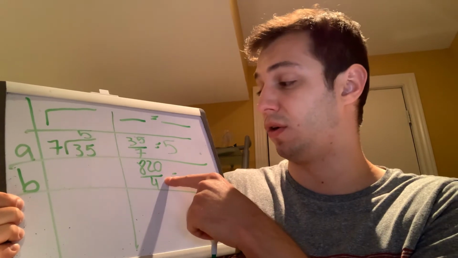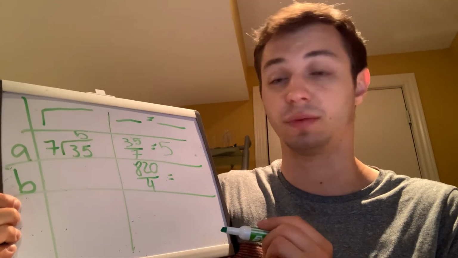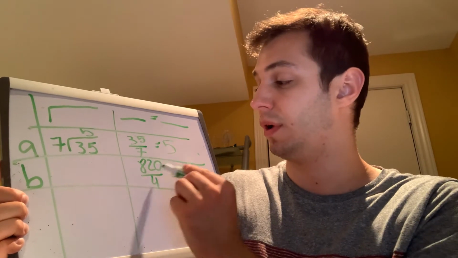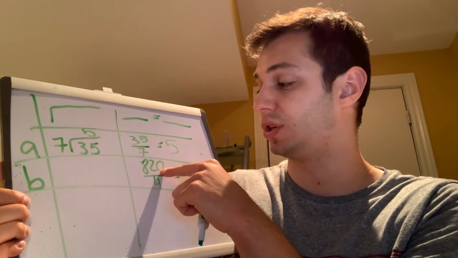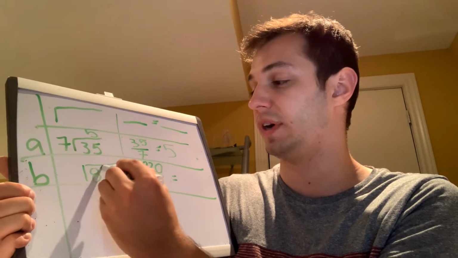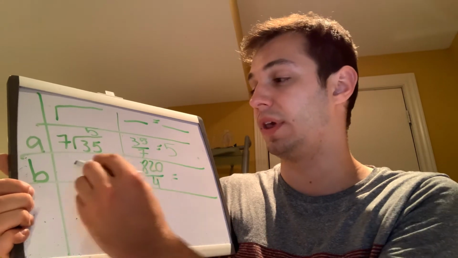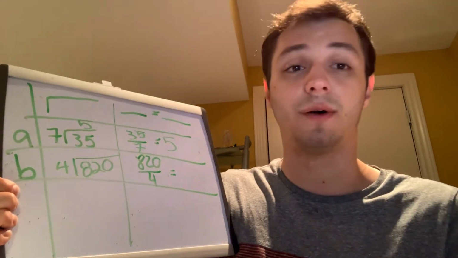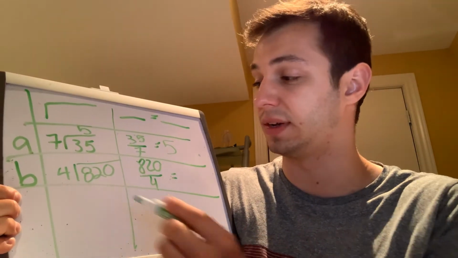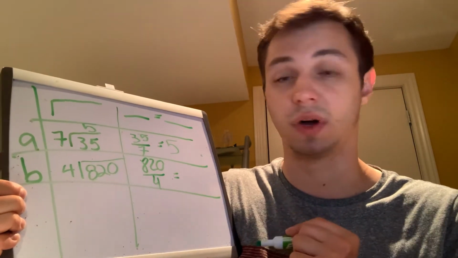I can't solve the way it's written, so what I want to do is rewrite it as a division problem. Remember, the top number, or the 820, will go inside of my division, and then the 4 will go on the outside. So now, once again, just like we've been practicing, I'm going to divide the 4 into the numbers inside of the division problem.